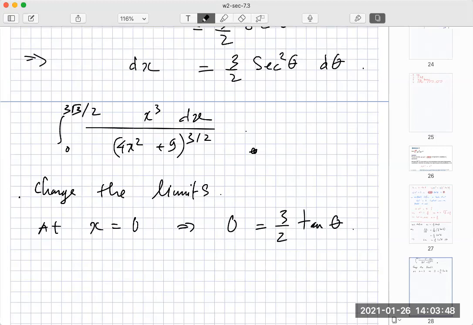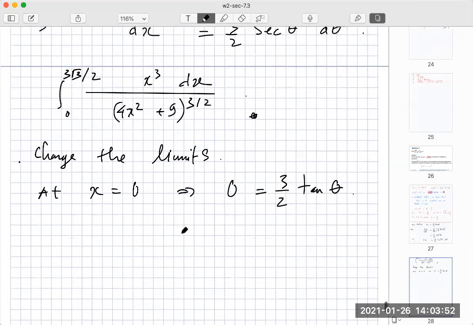So we need to find the limit in terms of theta. So what should we do here? Yeah, multiply both sides by 2/3, and the left-hand side is still 0, right? And the right-hand side becomes tan theta.